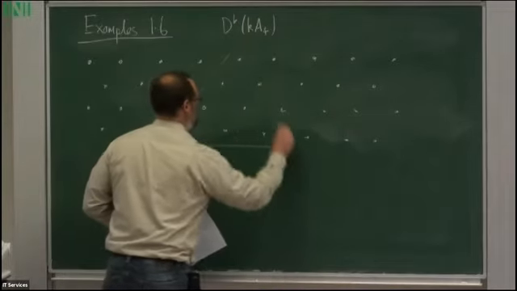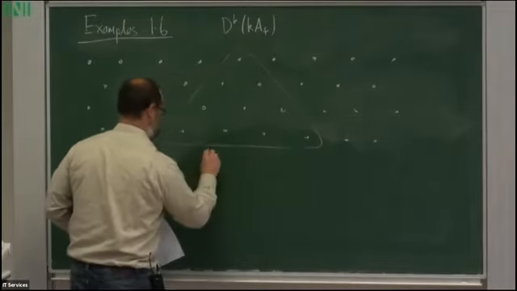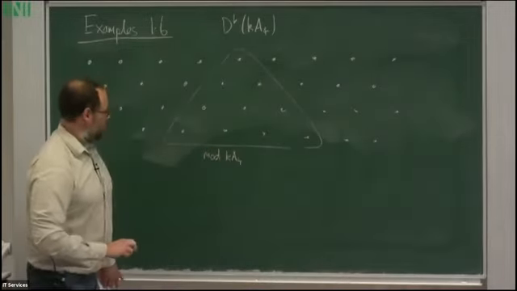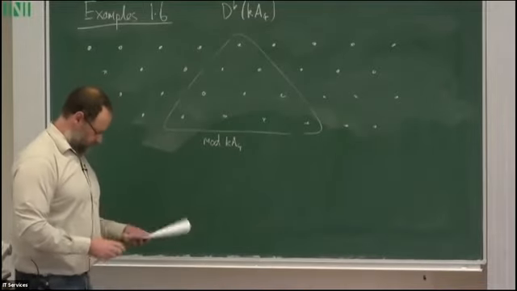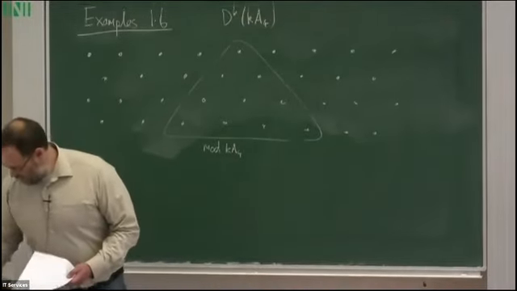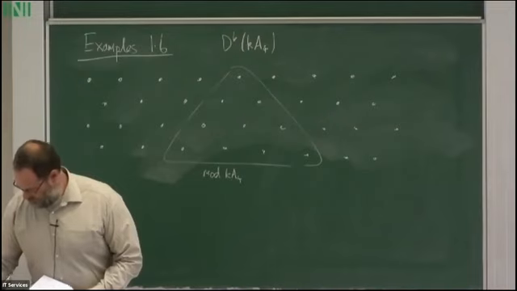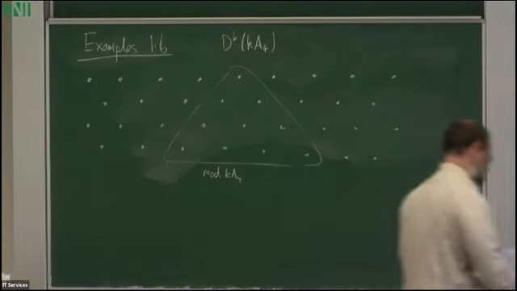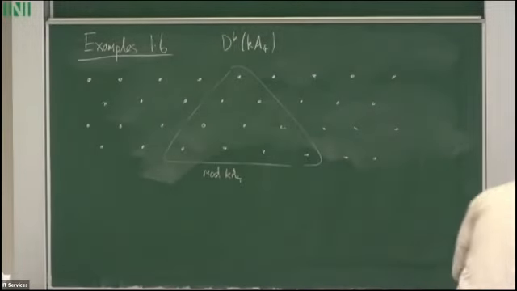So here would be, say, mod KA4 with the linear orientation. So I'm going to try and use some different colors. Green is bad.